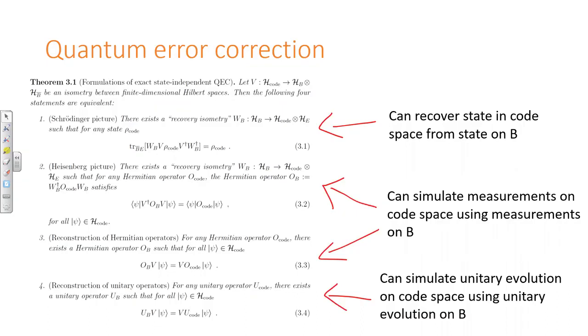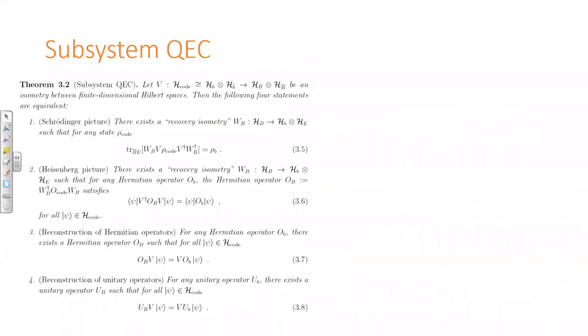So that's this condition: for any U code, we can find a U big B that's a reconstruction of that U code, such that UB applied to V of psi gives the same state as applying V to U code acting on psi. It just simulates this U code. In this case, all four of these things are totally equivalent. It will turn out that this last definition is going to be the nicest one to generalize for our purposes.